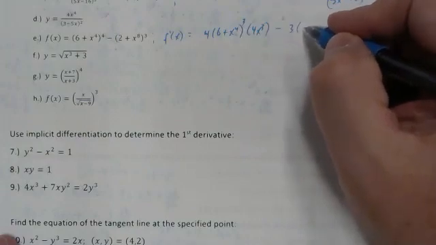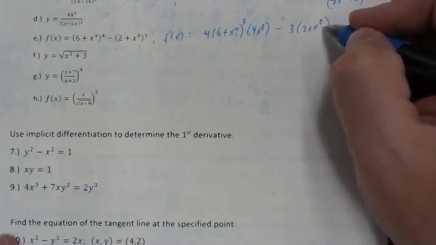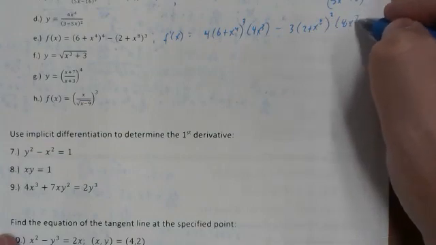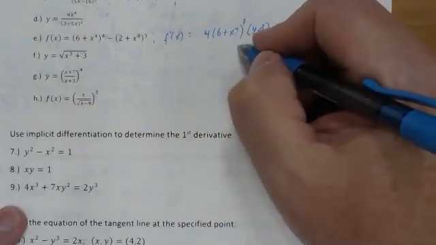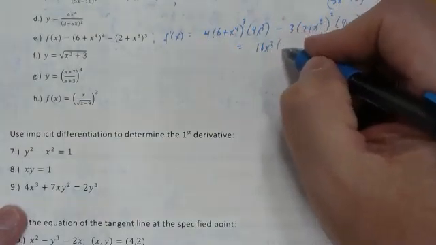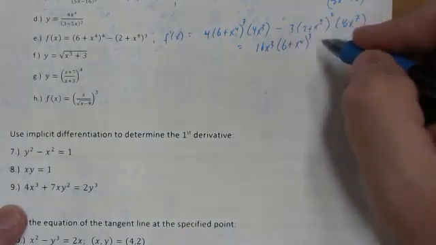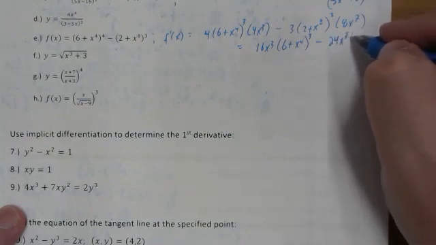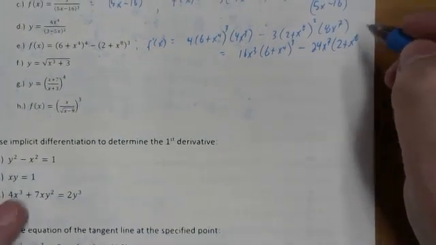The 3 comes down, right? Copy the parentheses, subtract 1, and now the derivative. So I think basically all we're going to do is maybe 4 times 4x cubed is 16x cubed, 6 plus x to the 4th raised to the 3rd, minus 24x to the 7th, 2 plus x to the 8th.